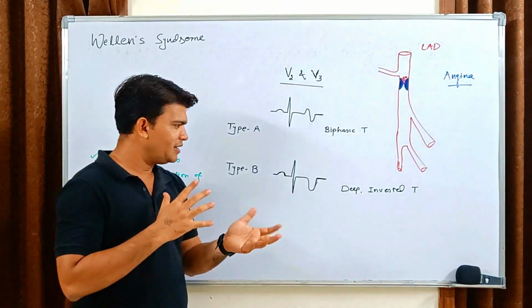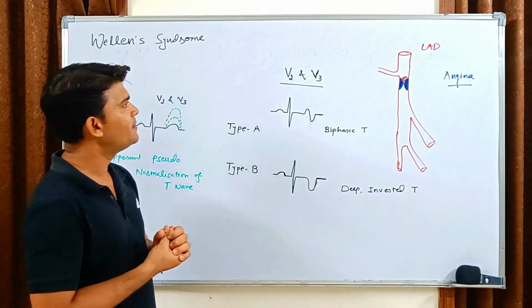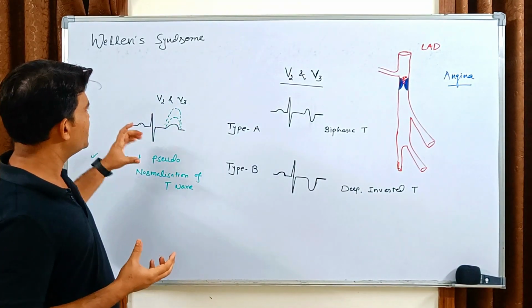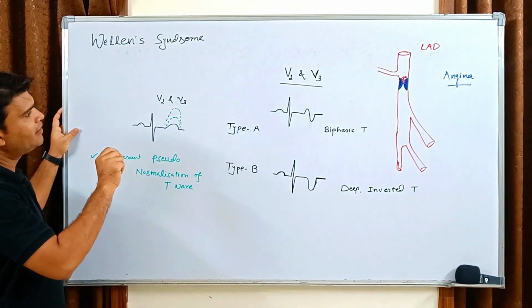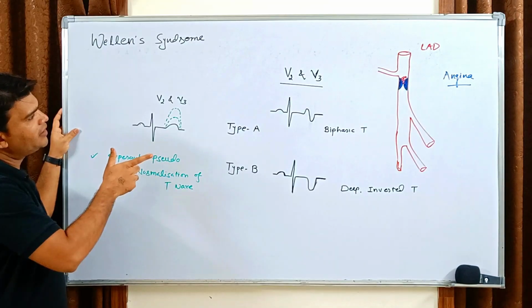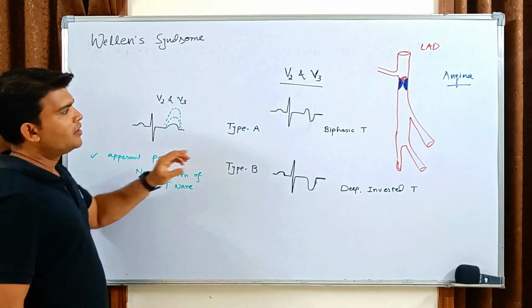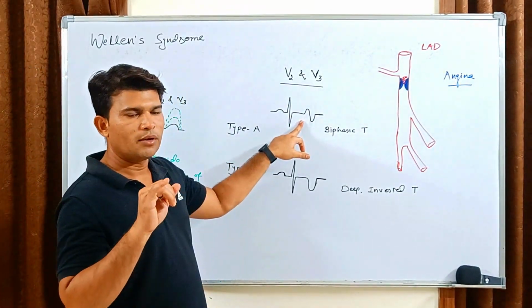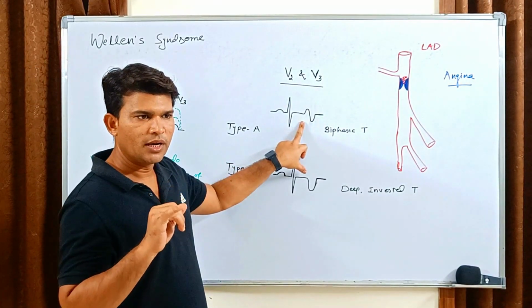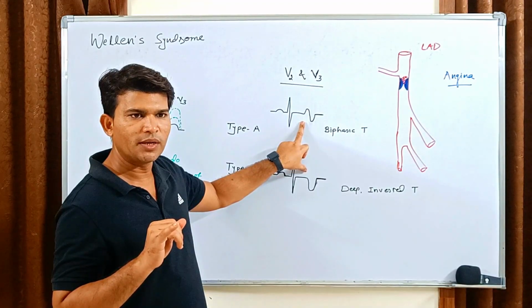What are the classical signs by which you can diagnose a Wellens pattern? Biphasic or deeply inverted T waves in V2 and V3.